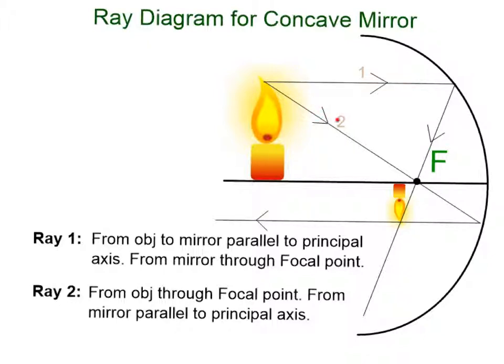This will be ray 2. Now the point where these two rays meet will be a point on that image. And this will be the image that is formed, and this is our original object. It will be that same point.